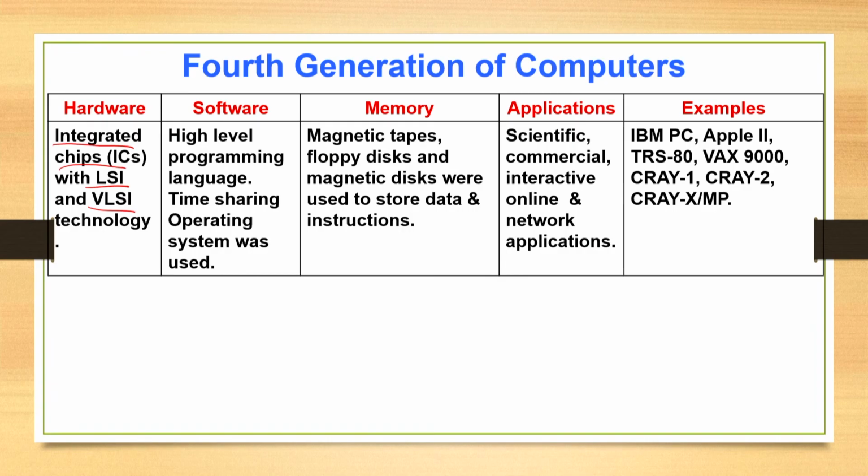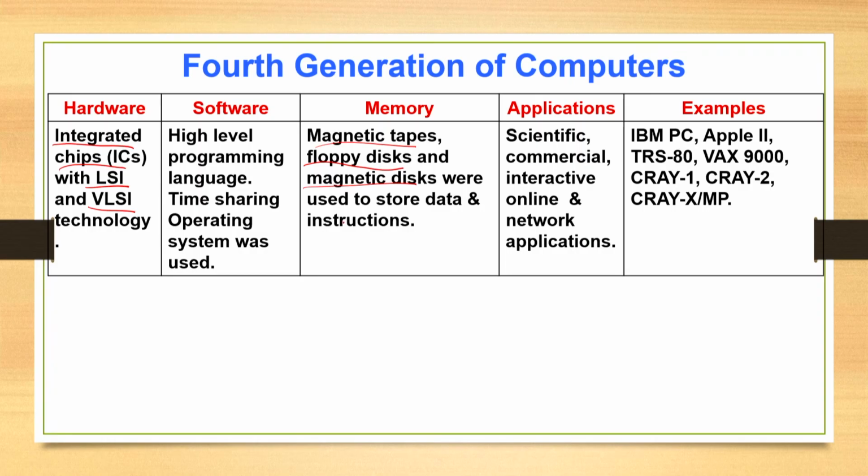High level languages were used, time sharing operating system was used, and the magnetic tape and magnetic disk which were used in the third generation were also used here, but here we can use the floppy disk also to store the data.